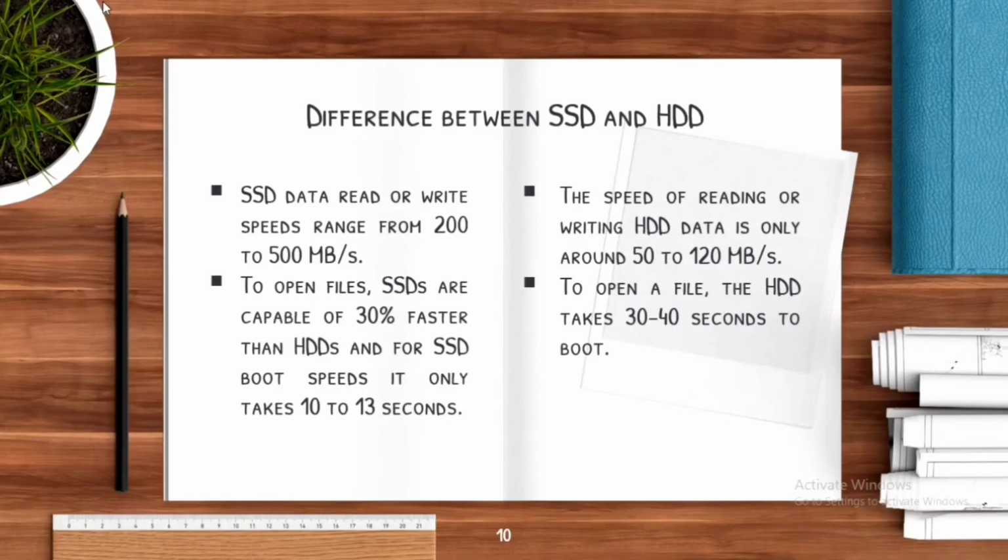The read and write speed of hard disk drive data is only around 50 to 120 MB per second. To open a file, the hard disk drive takes 30 to 40 seconds to boot.